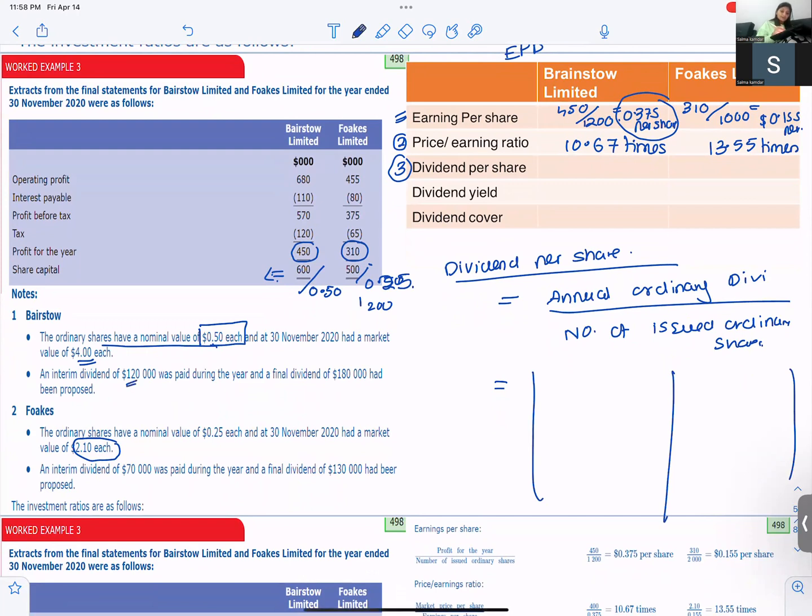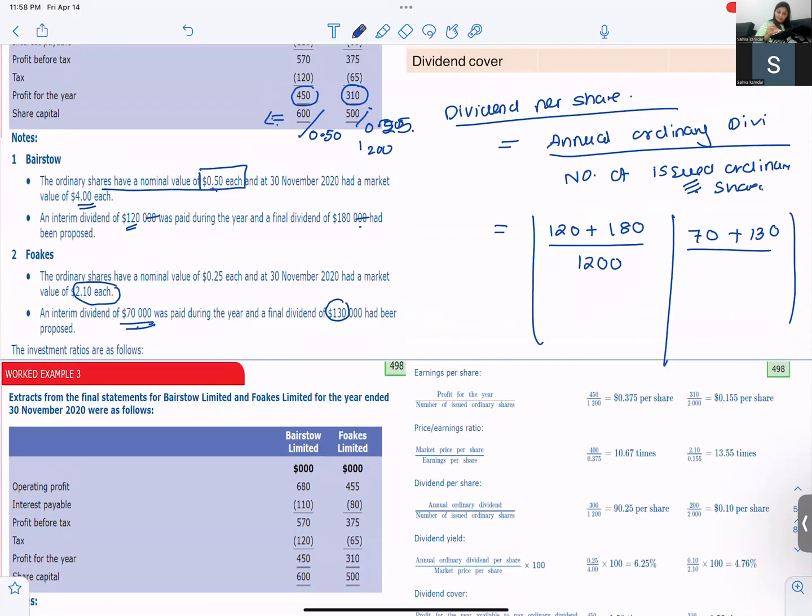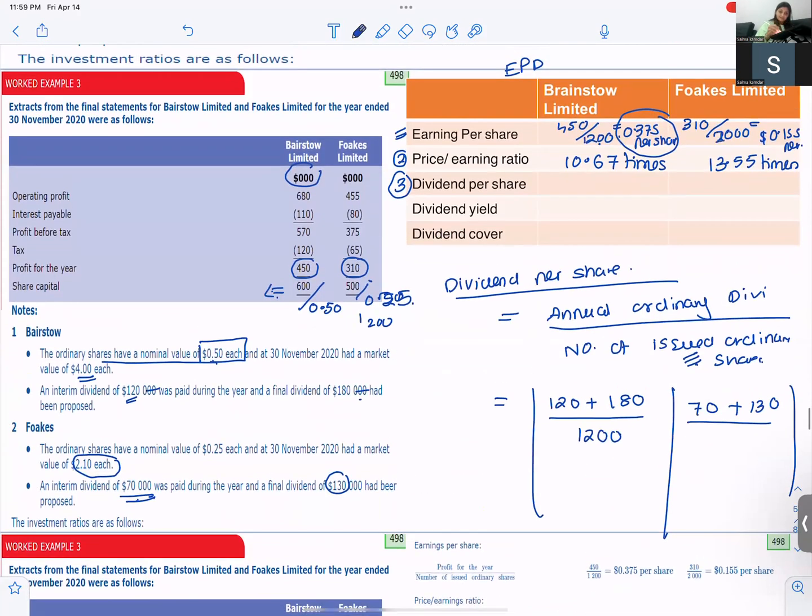So for Grain Straw, the interim dividend is 120. It is in 3 zeros, so I will avoid the 3 zeros. And the final dividend is 180. But for Folks, the interim dividend is 70 and final dividend is 130. So annual ordinary dividend divided by the number of issued ordinary shares. This we had found out over here. It is 1,200 shares for Grain Straw, and for Folks, it is 2,000 shares.